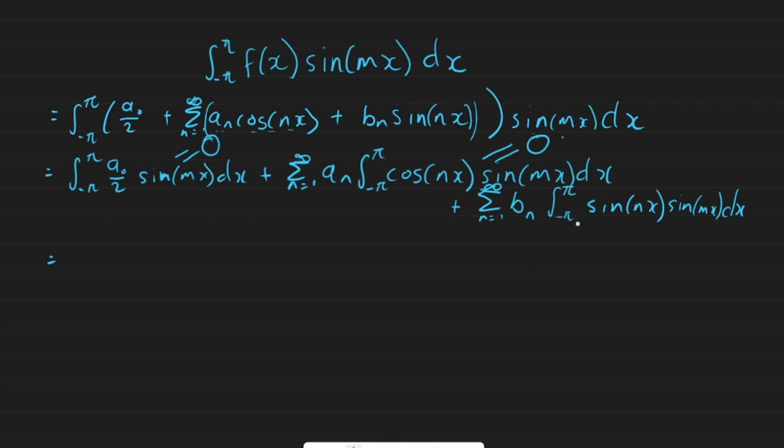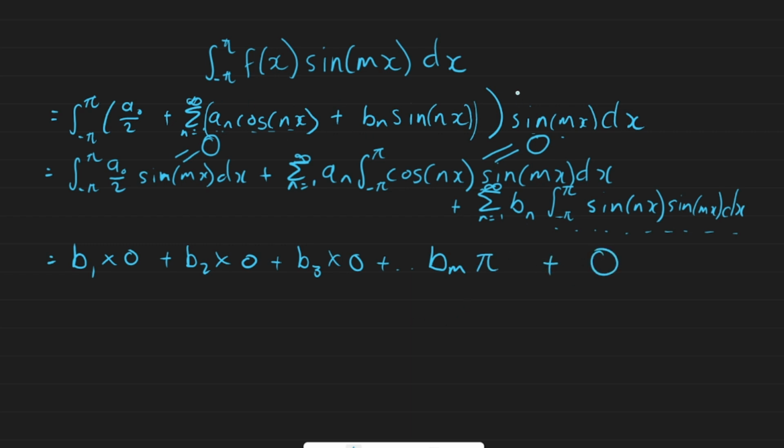So if we write this out, then we find that we only get a value for this integral if n is equal to m. So if we take different values of n, as we had done, we can have b1 times 0, then we have b2 times 0, plus b3 times 0, and it could go on like that until n takes on the value of m. Then we have bm, and we'll have pi.